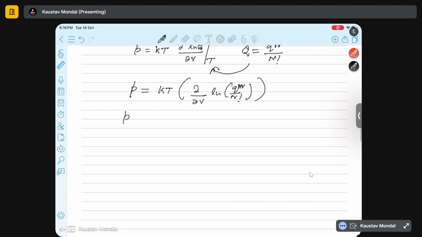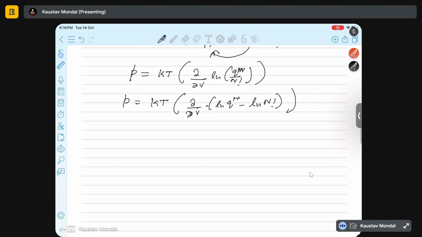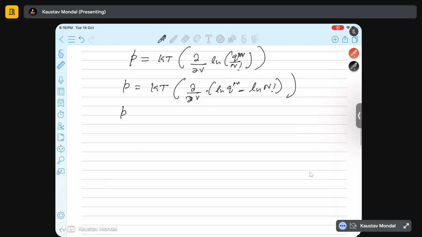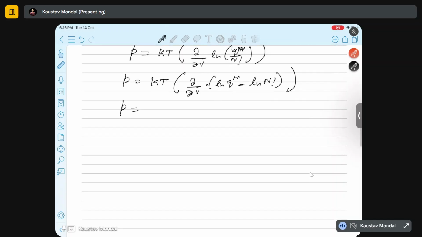Now if we do further simplification, ln Q looks like this: the first term will be ln q^N, then minus ln N factorial. I decomposed the division into subtraction by using the property of log.